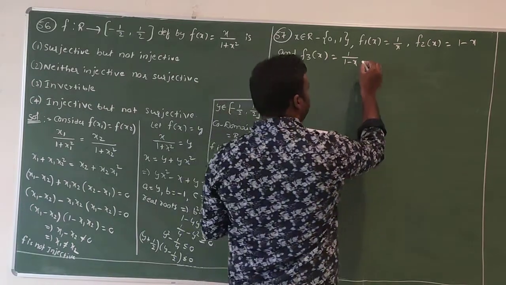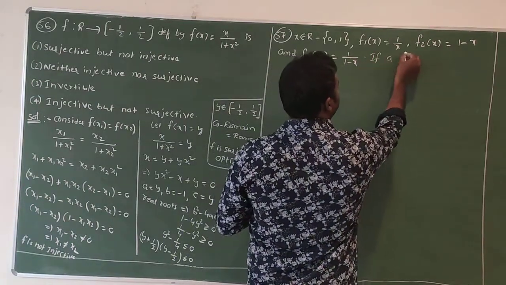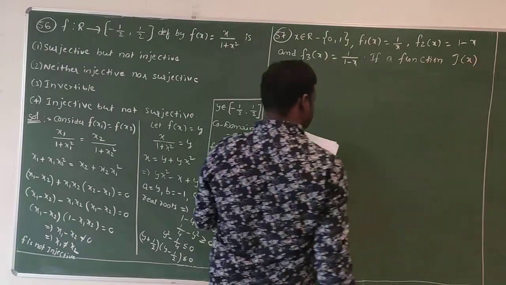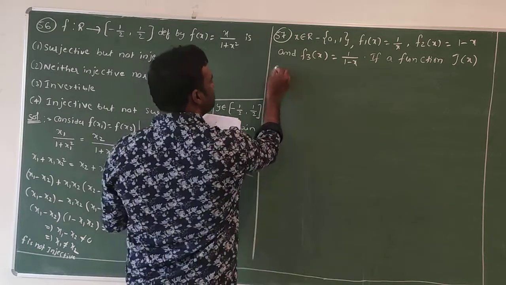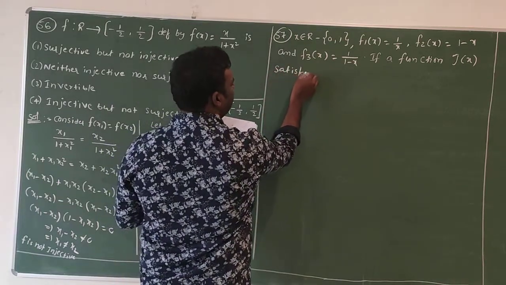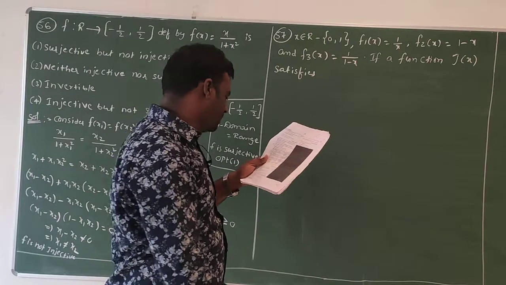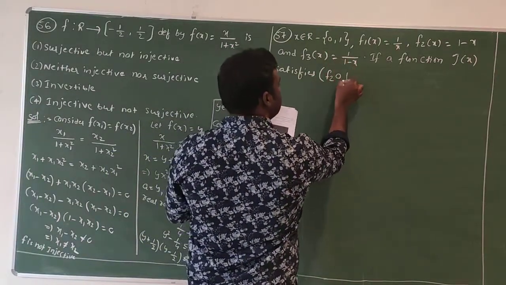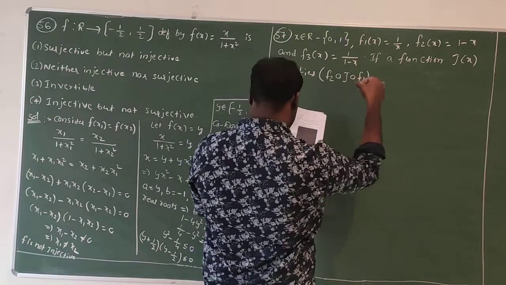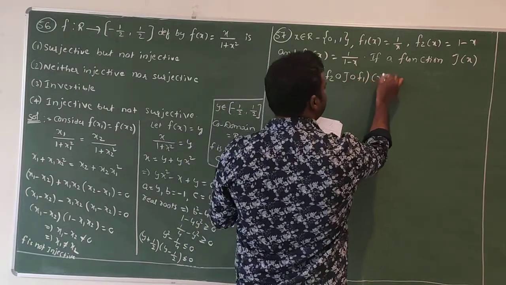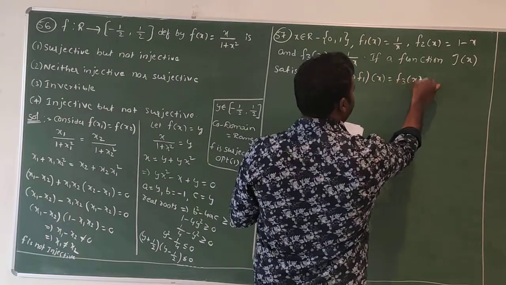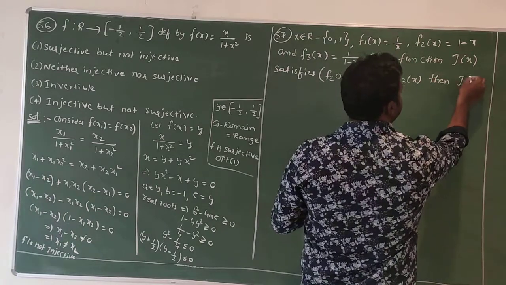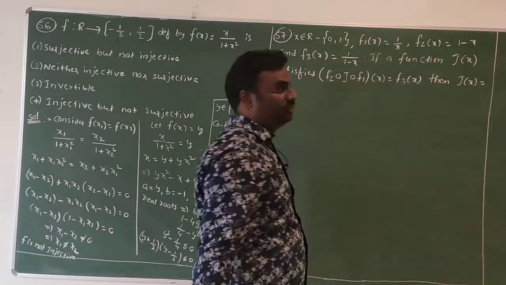If a function j(x) satisfies the condition f2 circle j circle f1 of x equals f3 of x, then j(x) equals, okay.